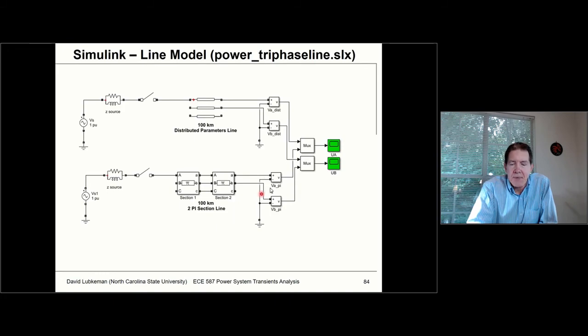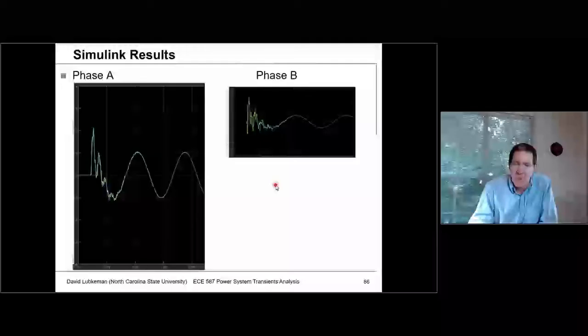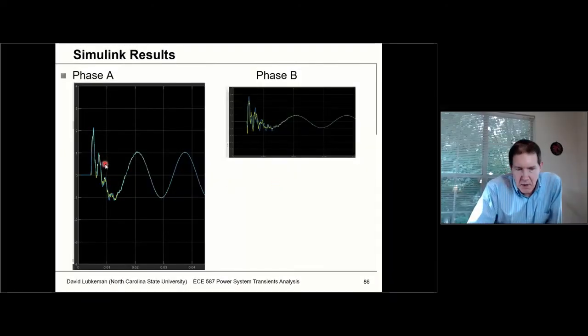But look what happens in this case when I energize. Basically I get a voltage doubling effect. When I switch this on, after a little bit of delay, the voltage doubles, and then it rings, and then it goes into steady state.